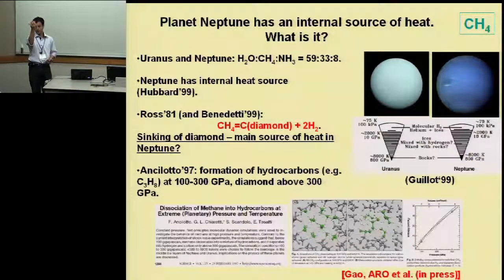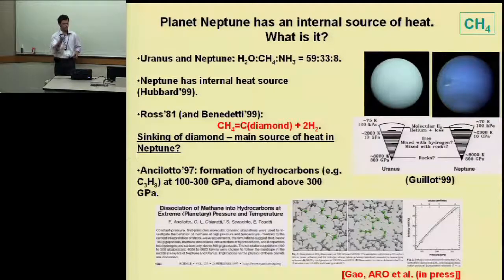And diamond is dense, it falls in the interior of the planet, and the gravitational energy transforms into the heat. That was the explanation. So it's rather exotic. Planet being heated by falling diamonds, not even burning diamonds, but by falling huge amounts of diamonds. This was addressed by a number of experiments which were mutually contradictory and ab initio molecular dynamics calculations.